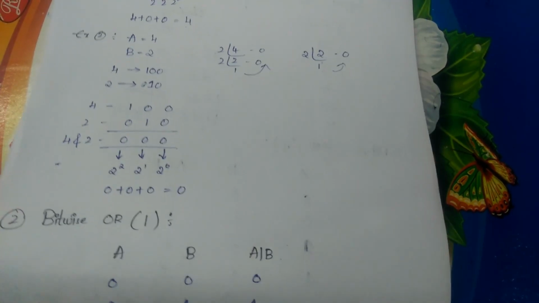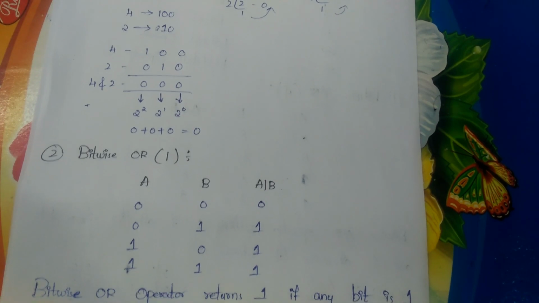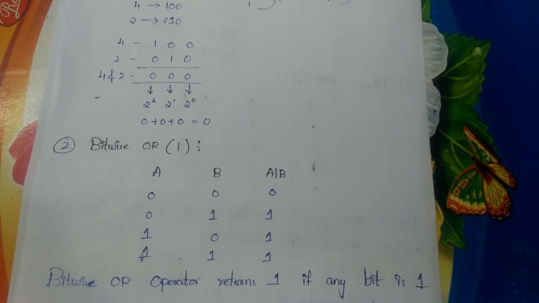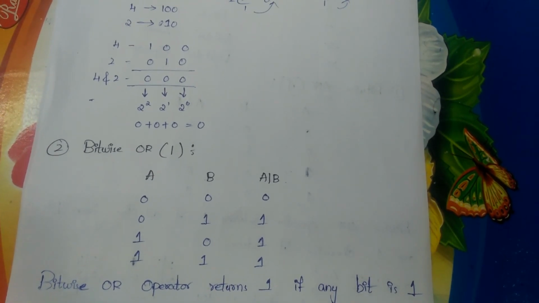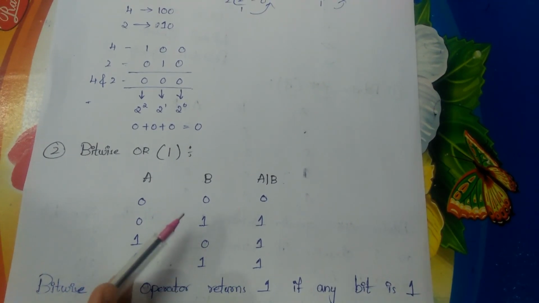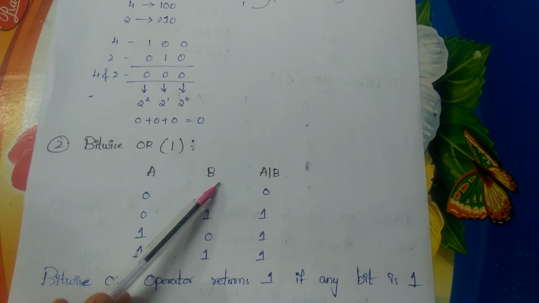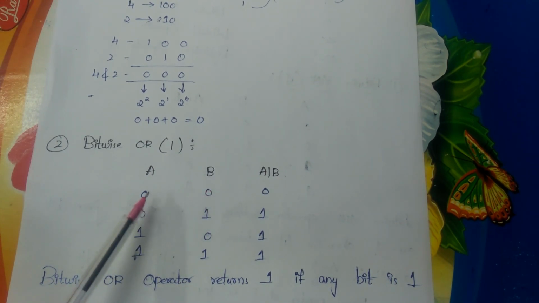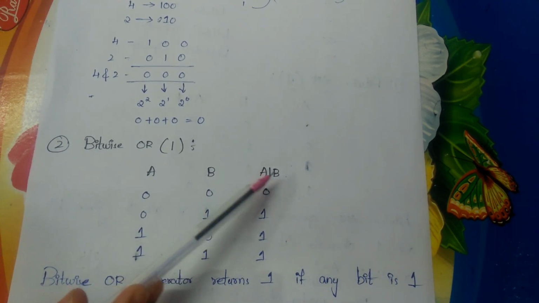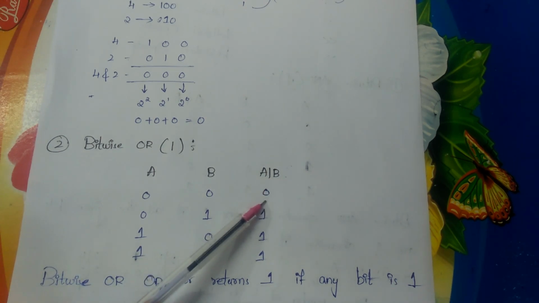Now let's discuss the second type of bitwise operator, that is bitwise OR, and this is represented by the single bar symbol. Now A and B are the statements we have taken. If A and B both are 0, then A bitwise OR B returns 0.